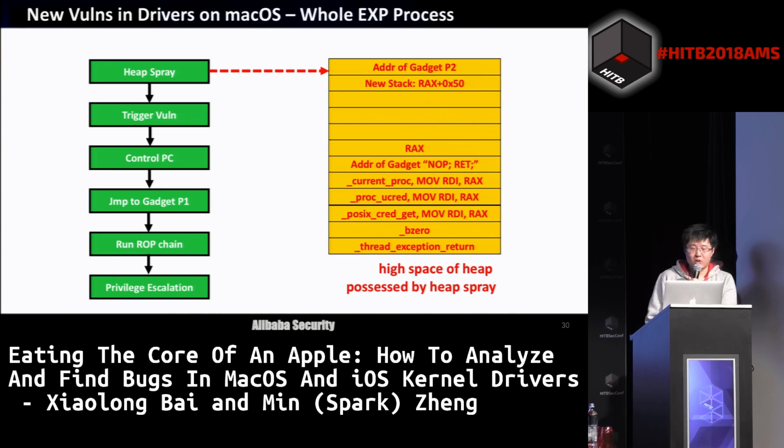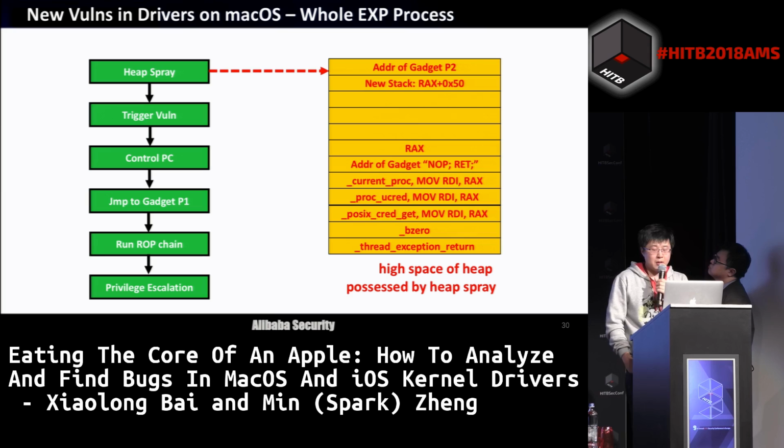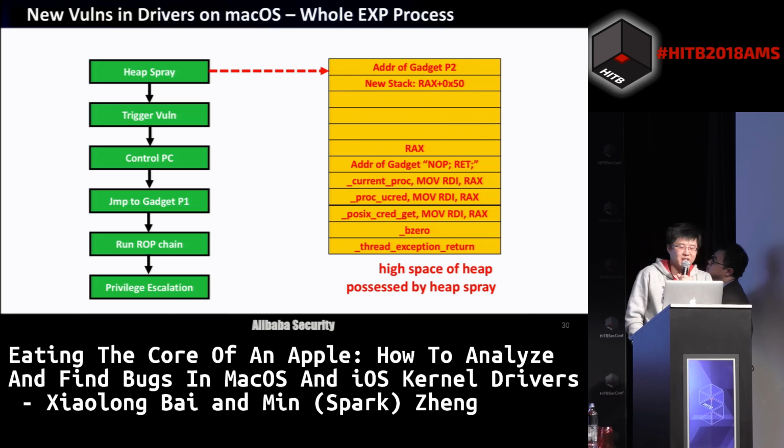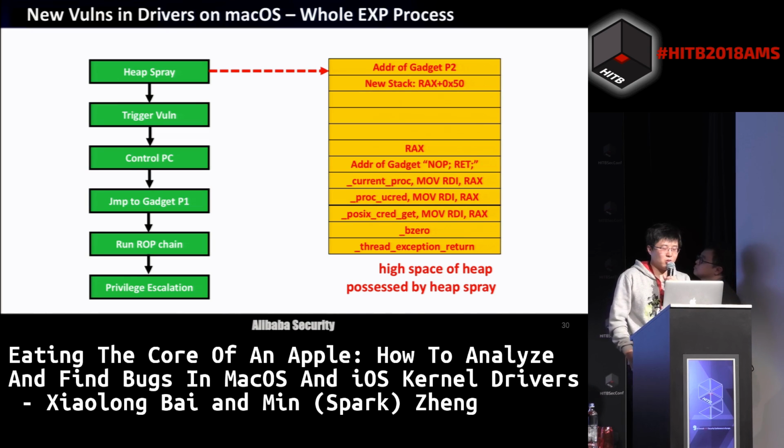So here is the whole exploit process. First, you need to use the info leak vulnerability to break the kernel slide, and then you can build your ROP chain. After that, you spray the ROP chain into the kernel.